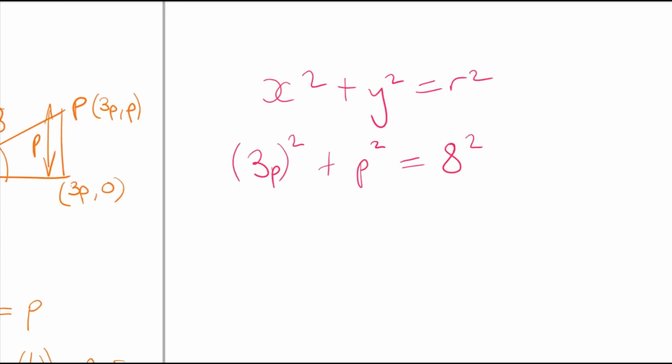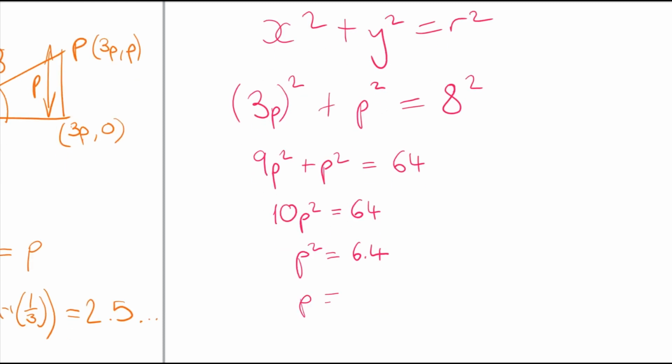We expand this and we get 9p squared plus p squared equals 64. Then this is 10p squared, which means p squared equals 6.4, meaning p equals the square root of 6.4, which is 2.5298, and that's just 2.5 for our answer, because it's 1 decimal place.